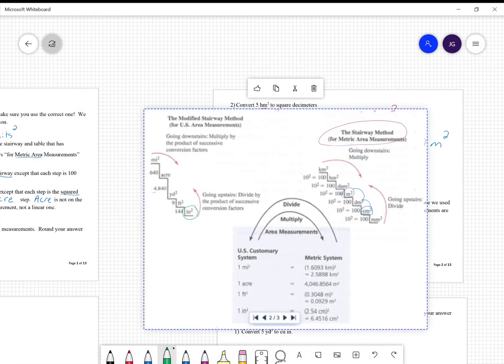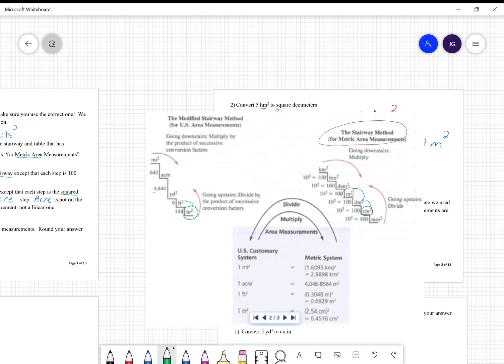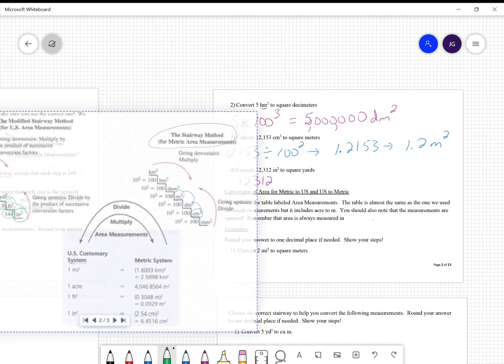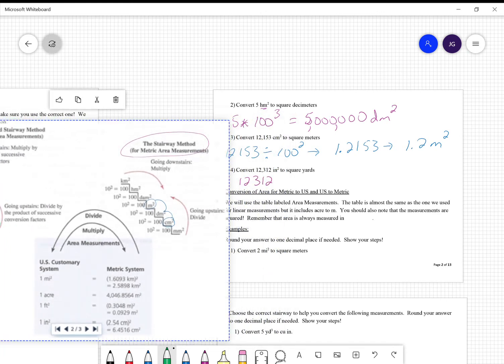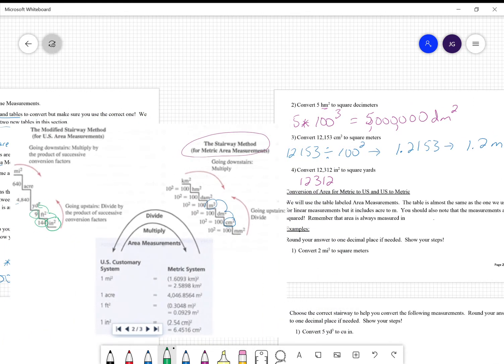So I'm going to go up 1 step, 2 steps. So I'm going to divide by 144 and divide by 9. Going up is division, going down is multiplication. Divided by 144, divided by 9 gives 9.5 square yards.